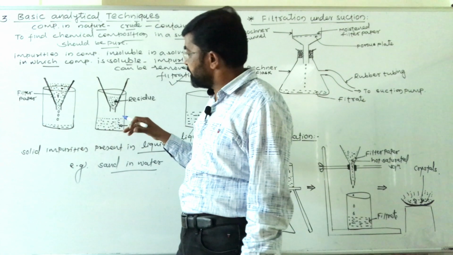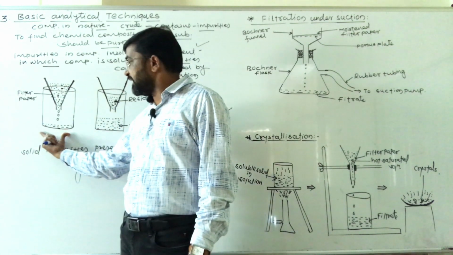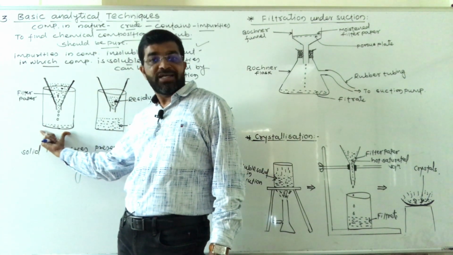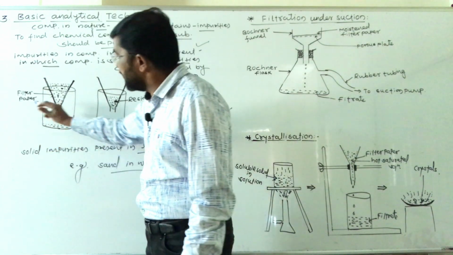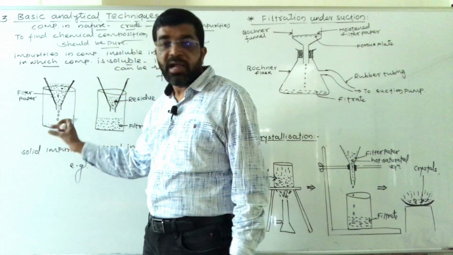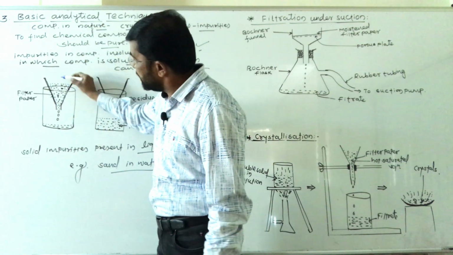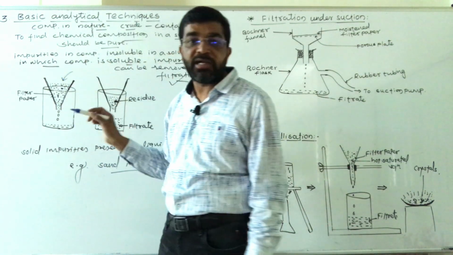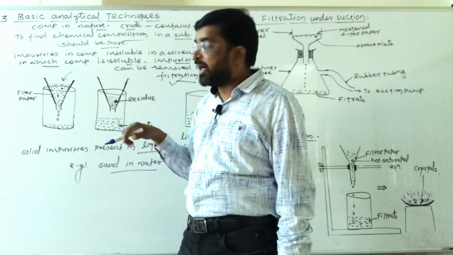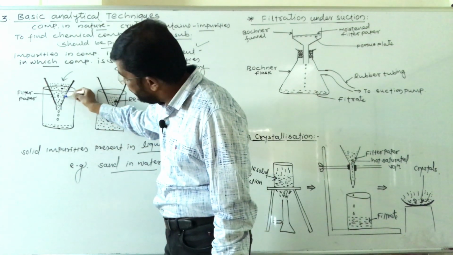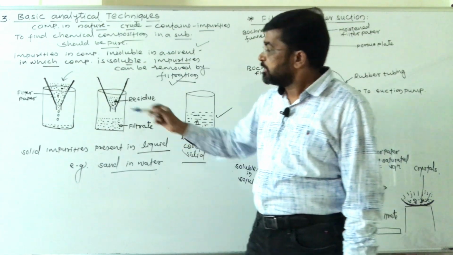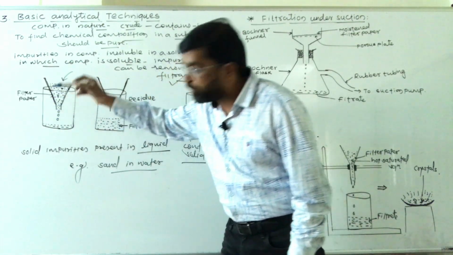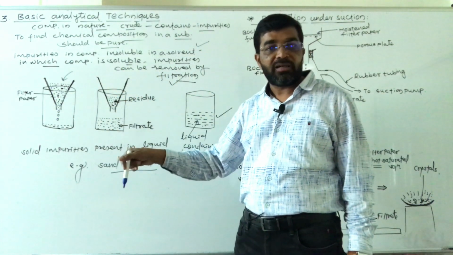The arrangement of this apparatus: we take a clean and dry beaker, a funnel is taken, filter paper is placed on the funnel, and water is added on that filter paper. So what happens? Water will filter through that filter paper and fall below.